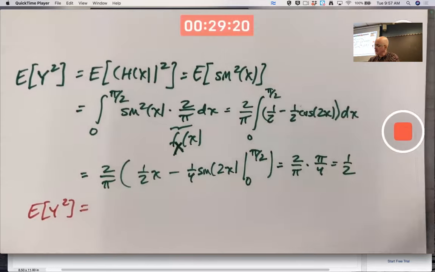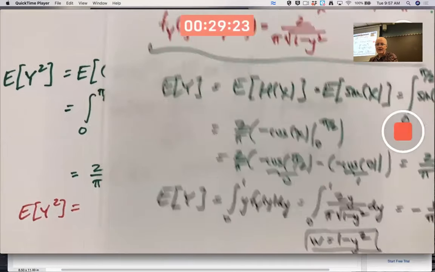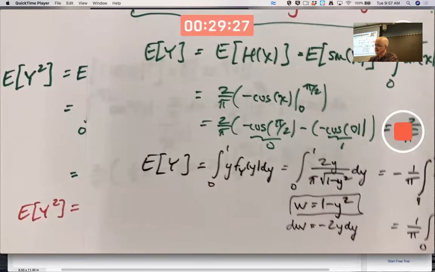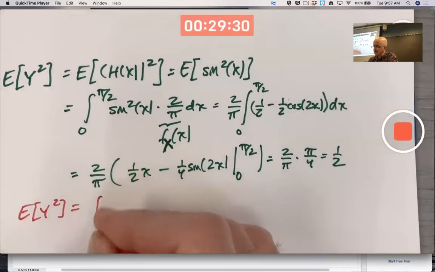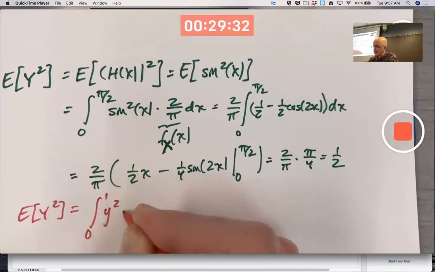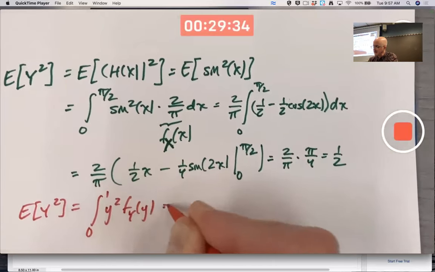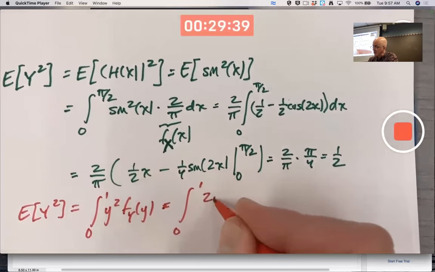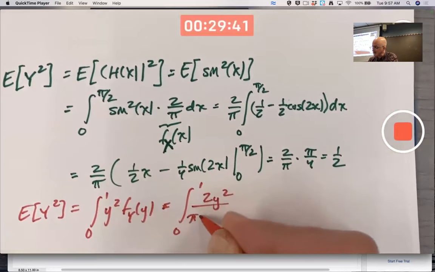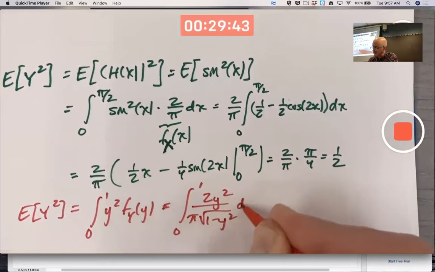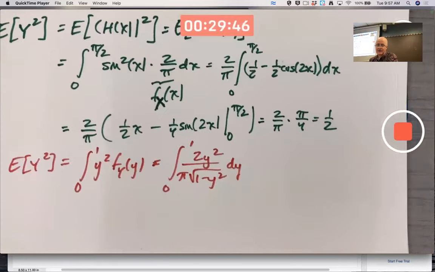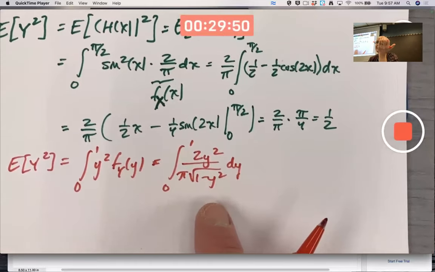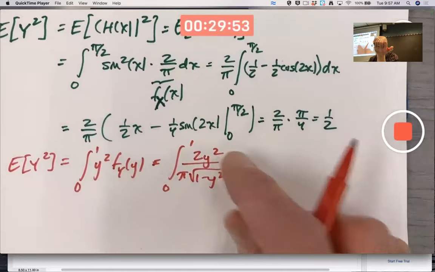So if instead you do it using the PDF of y, kind of like this, except make a y squared there, then you're integrating 2y squared over pi times the square root of 1 minus y squared, which looks really hard to do. And an ordinary substitution that you might try, w equals 1 minus y squared, doesn't seem to help much because there's a y squared up there.